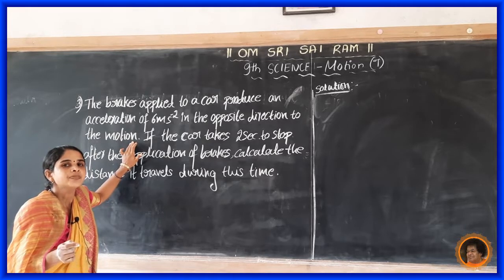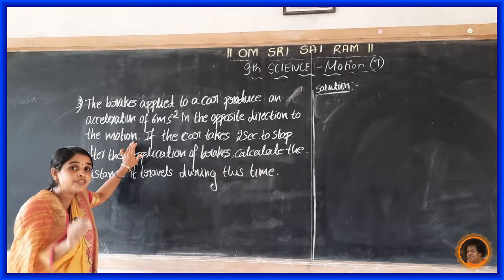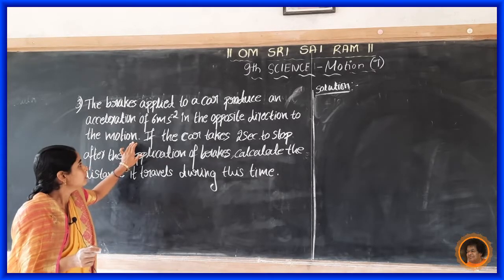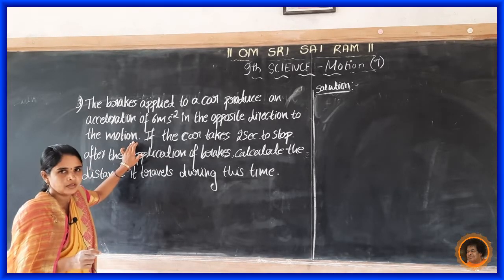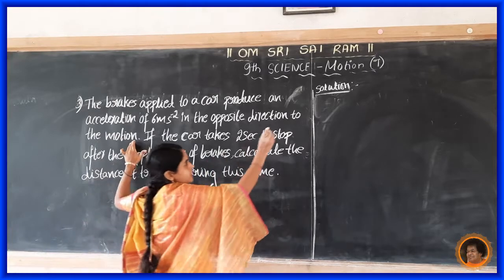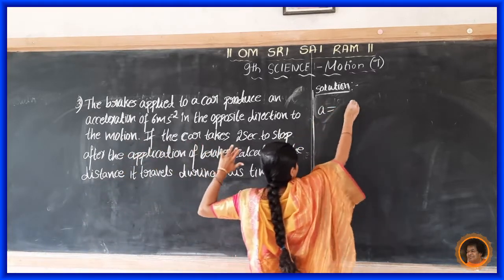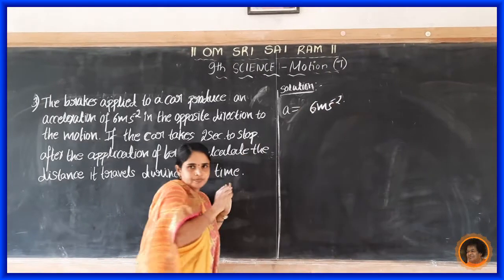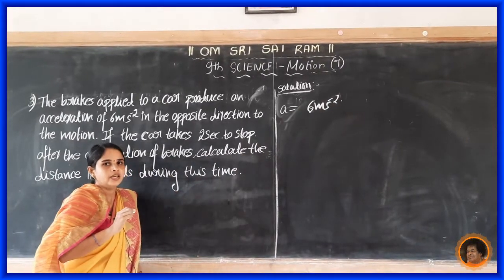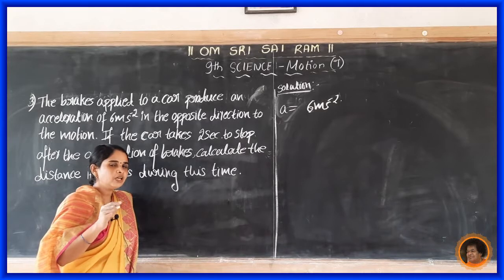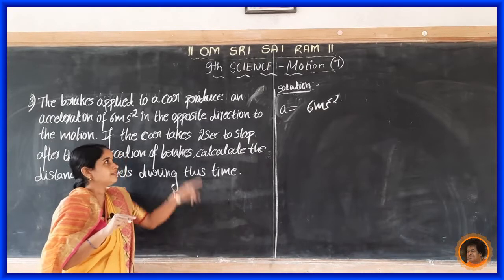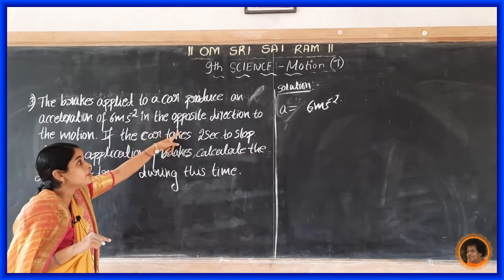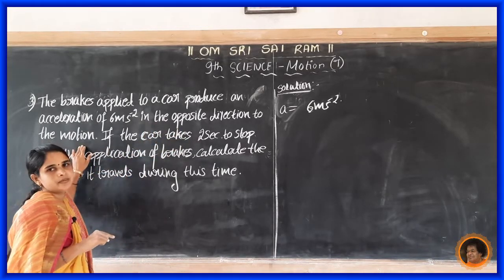Here the brakes are applied in the opposite direction of motion. So acceleration a equals 6 meter per second square. It is given, but that acceleration is in the opposite direction to the motion.